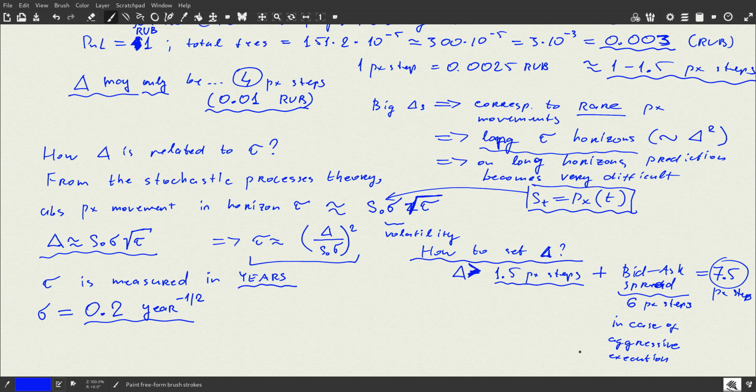You might ask, okay, I don't need to spend my bid-ask spread. I would place my orders passively in order to spend only 1.5 price steps and not to spend the remaining 6 price steps.